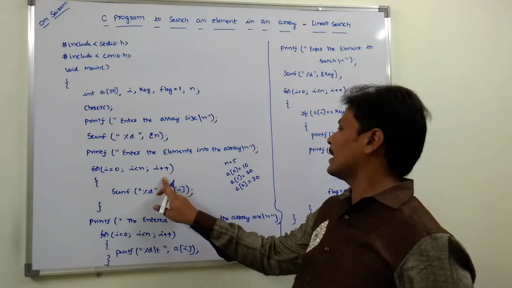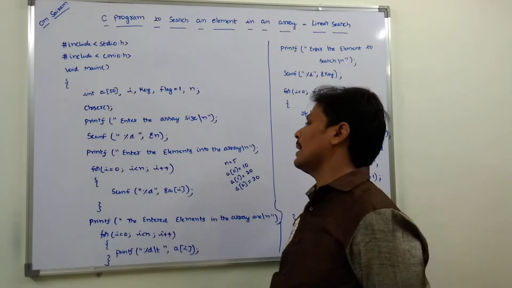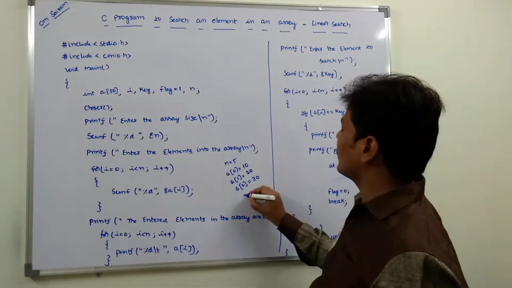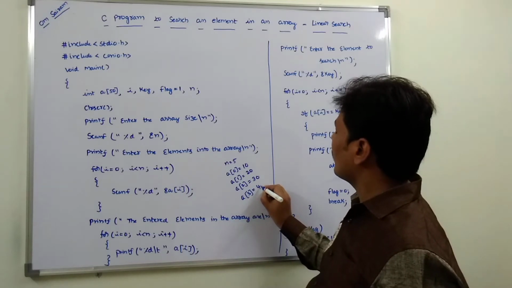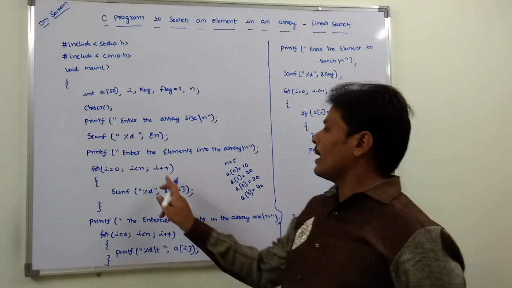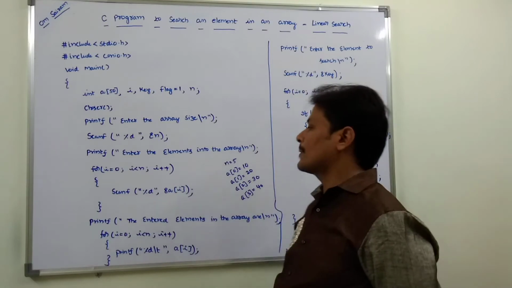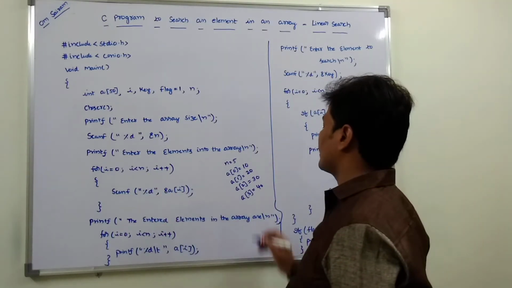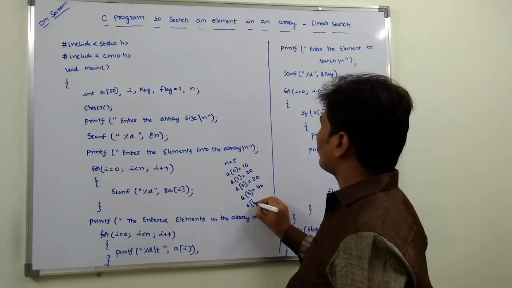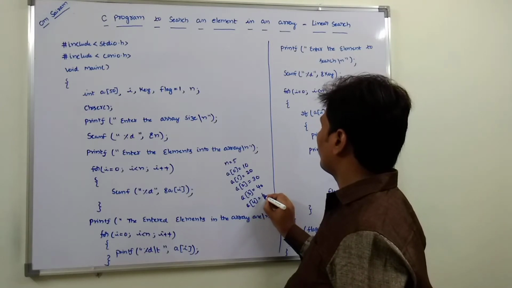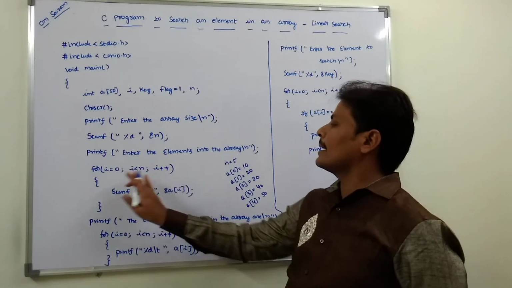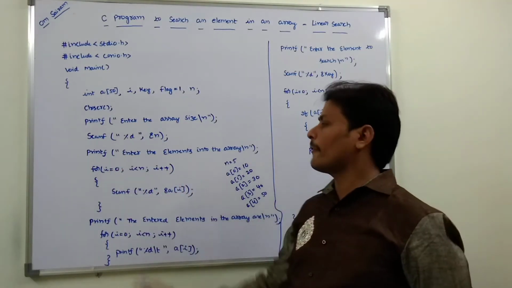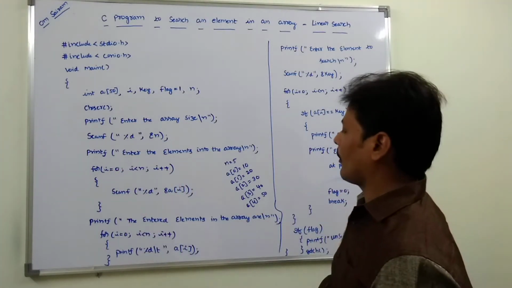Next I is 3, 3 less than 5, condition true. Now a of 3 is read from the keyboard. Next I is 4, 4 less than 5, condition true. Now a of 4 is equal to 50, read from the keyboard. Now I is incremented, I value 5, 5 less than 5, condition false.